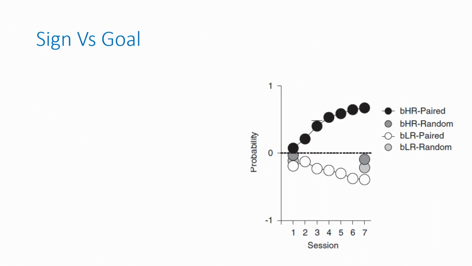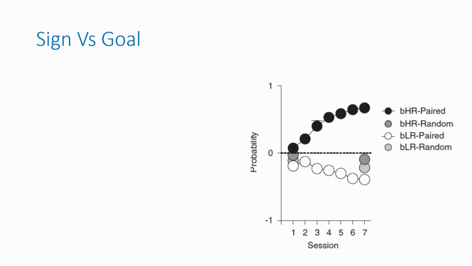Remember, the sign versus goal trackers differ in their approach to the lever or the food in the Skinner box kind of experiment. Now look at the probability that the high responder would go towards the lever as a function of the training, that is key here. You can see that the probability constantly keeps going up and reaches a maximum. Again, this is a beautiful Rescorla-Wagner curve while learning.